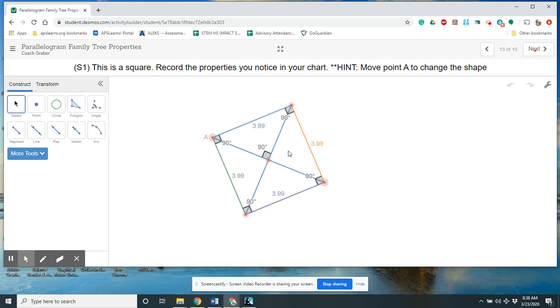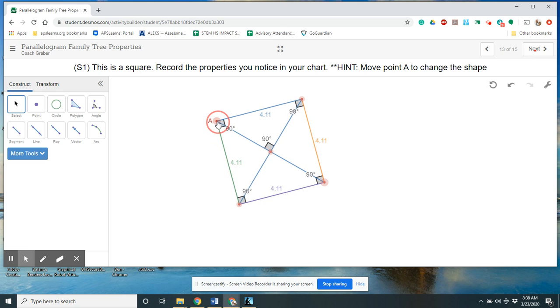Finally, for the square. So a square happens to be both a rectangle and a rhombus, meaning that all the sides are the same and all your angles are 90 degrees. What that means for a square is that everything that's true for a rhombus or a rectangle is true for a square. So you'll see that the angles created by the diagonals are all 90 degrees. Side lengths are all the same.